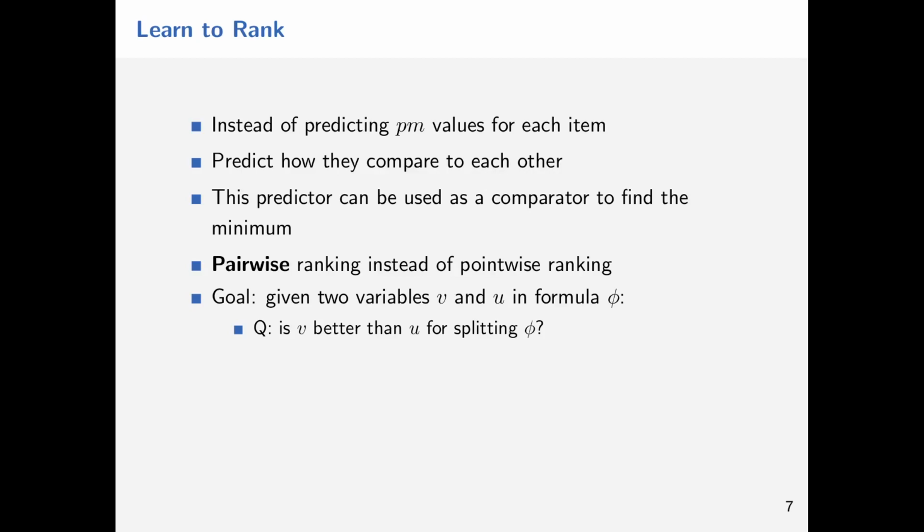To formalize it, given two variables v and u in a formula phi, the question we ask and answer is: is v better than u for splitting phi? We formalize this using a pairwise function, which accepts a formula phi and two variables vi and vj within that formula. If the performance metric of vi is less than the performance metric of vj, it returns 1, and 0 otherwise.